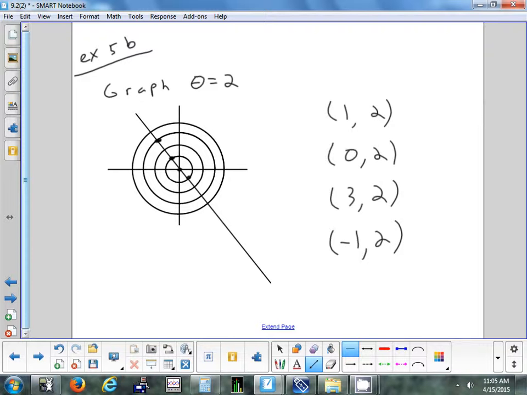If you want to graph a line in polar with a slope of 5 and a y-intercept of 3, it's not as easy to do. The formula is a little messy. Y equals mx plus b, that's the way to go if you want to graph a line. But we can do it in polar, and I'll show you how. But for now, any questions on that one? That's theta equals 2. Again, can't draw that on the calculator.